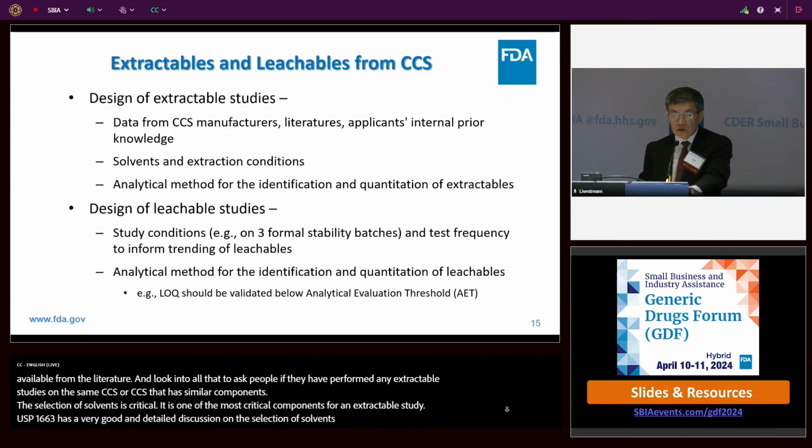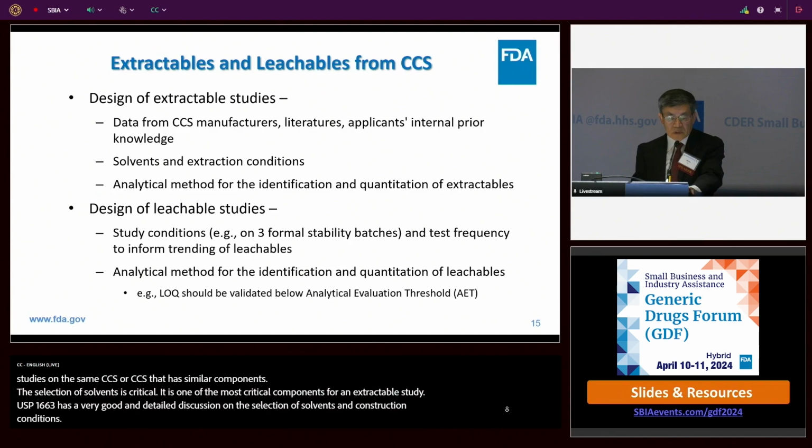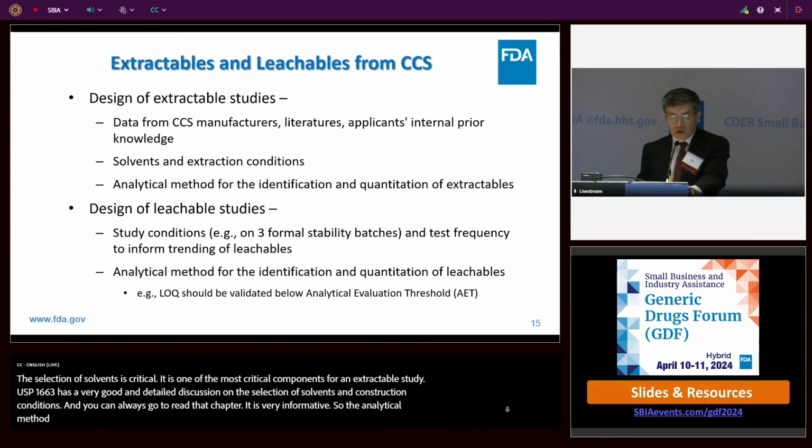You can always go and read that chapter. It is very informative. Just like the selection of solvents and extraction conditions, the analytical method is another critical component of the extractable study, for the reason that you need a method to identify and quantify the extractables.